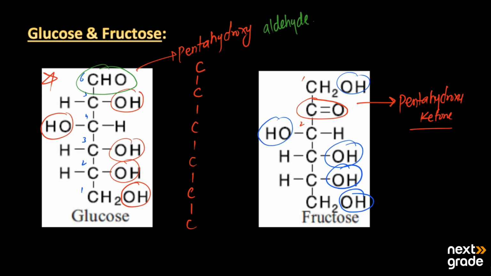Then we draw the aldehyde group on one side, like C double bond O and H. And after that, at the last one, we add CH2OH. And then on one side, the hydroxyl group. And after that, we just draw their hydrogens. So this is the simple method to draw the structure of glucose as well as fructose.